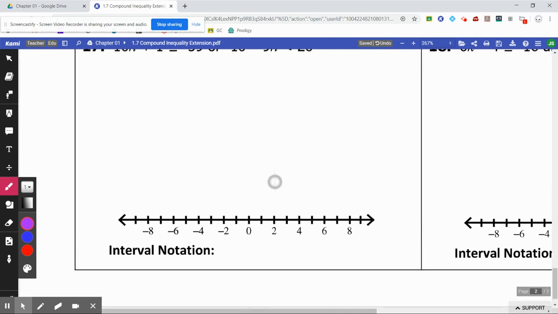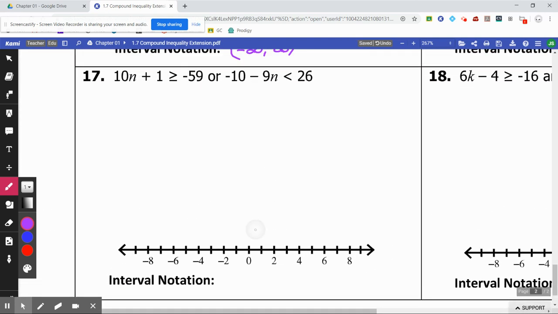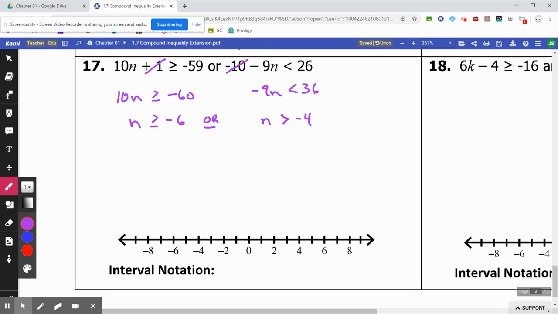Okay, a couple more. Number 17, we're going to subtract 1, gives me 10n is greater than or equal to negative 60, divided by 10, n is greater than or equal to negative 6. Or add 10 gives you negative 9n is less than 36. Divide by negative 9, make sure you flip, that'd be negative 4 then. So n can be any number bigger than negative 6.